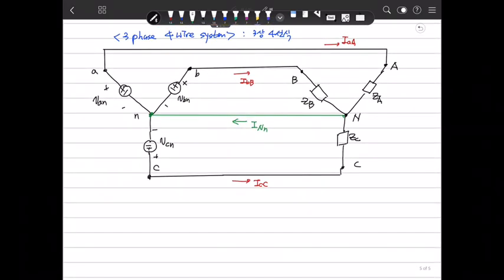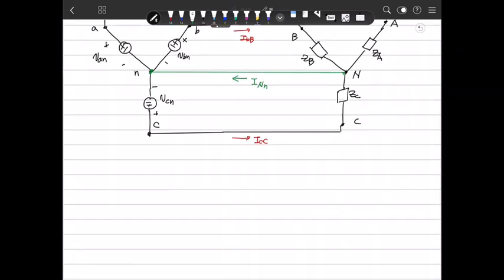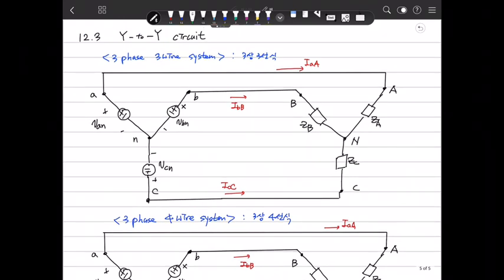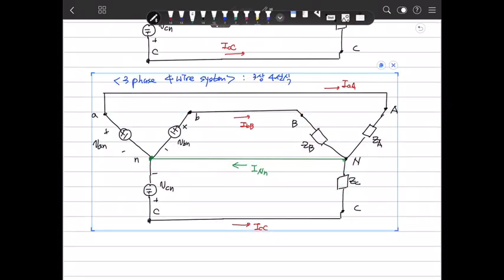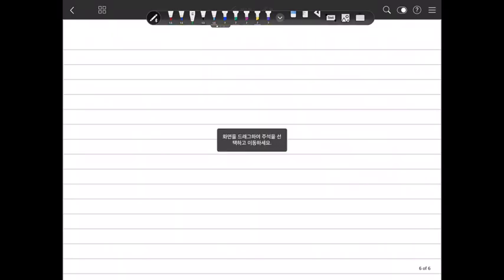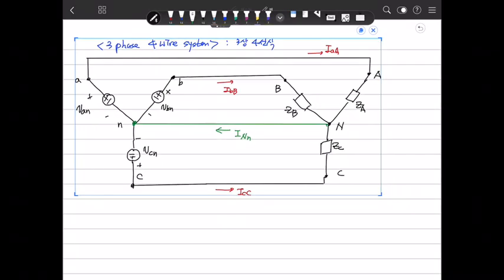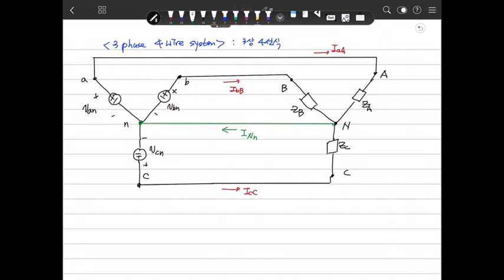So in the case of a three-phase, four-wire system, the system is very simple. I will give you an example. Actually, there are three sources, but because of this conductor, every load has its own loop like that.